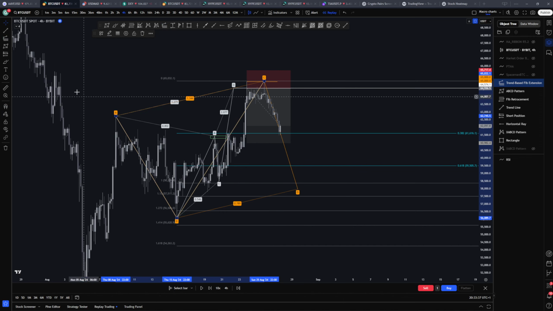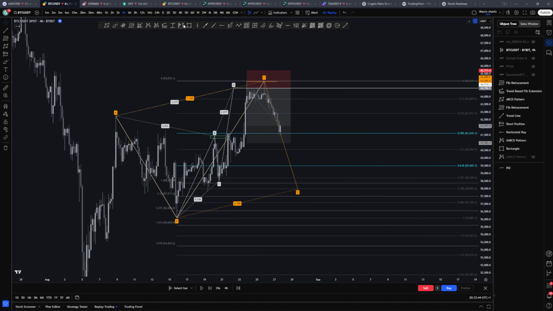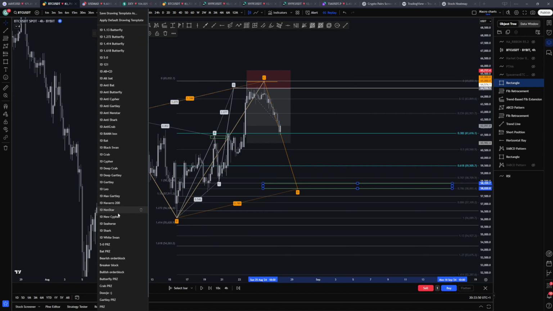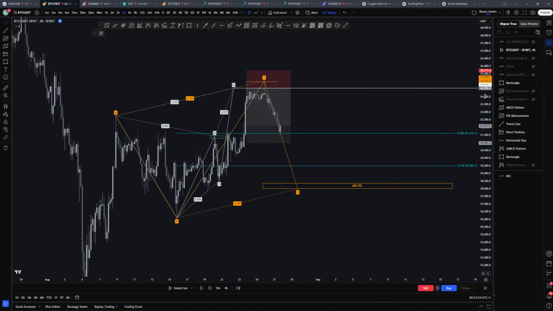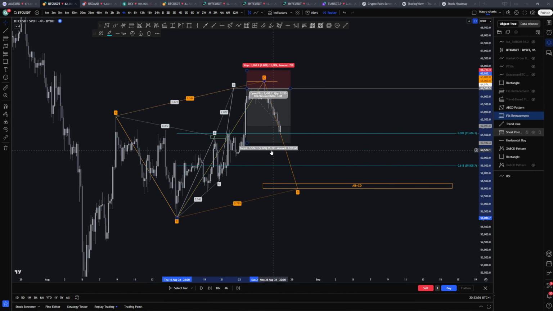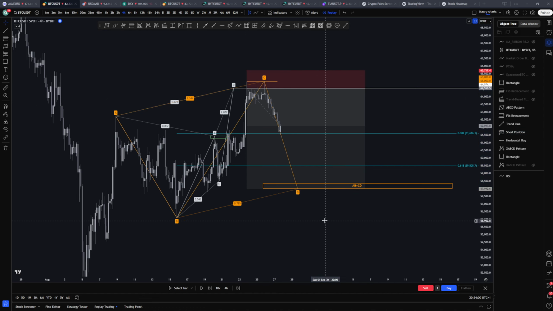A trend-based fib extension ABC, and the regular fib B to C. And we will see, hey, 786, and that trend-based fib extension 1 right over there. So these would be my 3 TPs for the trade.